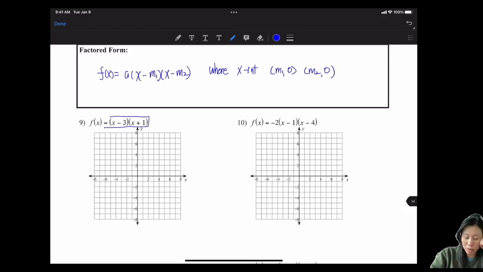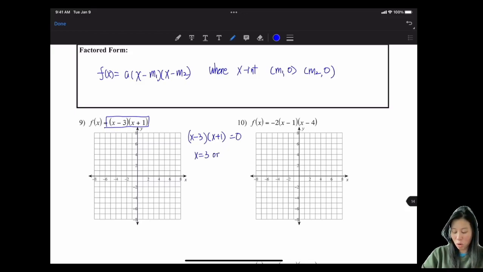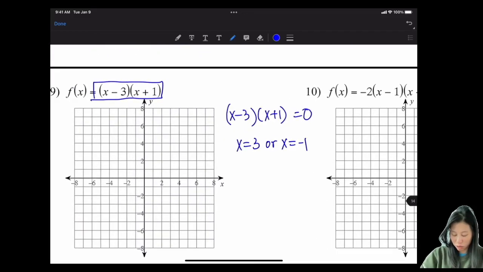Let's look at our example. When we set the function equals to 0, what do we have? We have x equals 3 or x equals -1. That means these are our two x-intercepts. Now we need to find our y-intercept.